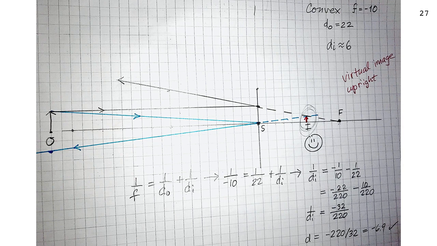Now we're going to use the same object distance, 22 blocks. And we're going to do a similar construction, except we're going to orient to the focal point behind the mirror.